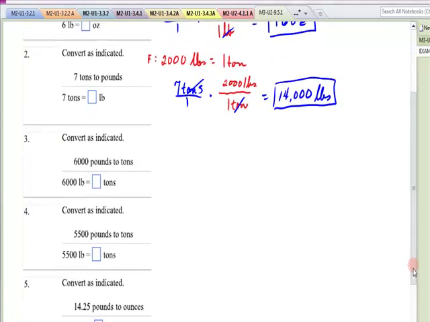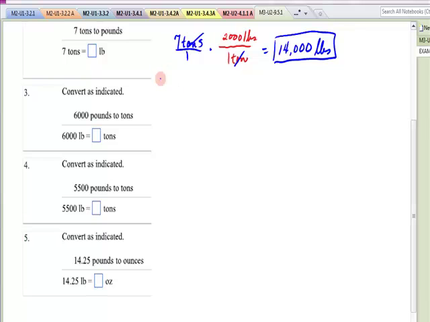All right, next one is also tons and pounds. So my fact is the same, that there are 2,000 pounds in 1 ton. This time I'm starting with 6,000 pounds. Put it over 1. All right, using the same fact I did last time, but using it differently because I want pounds to cancel out.